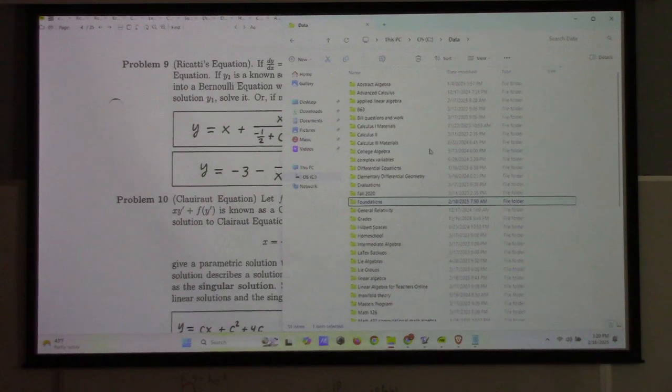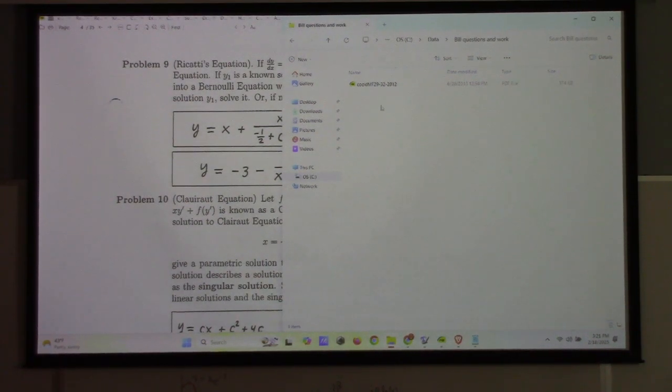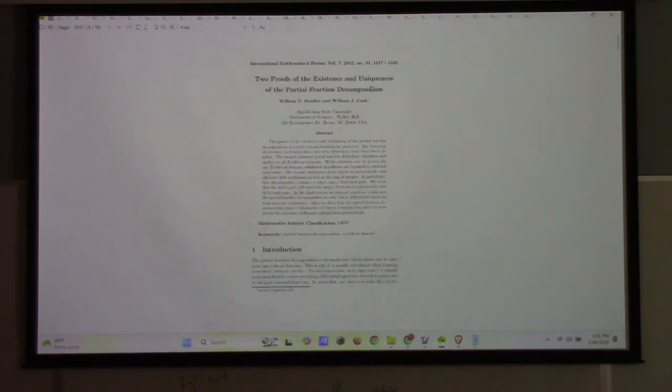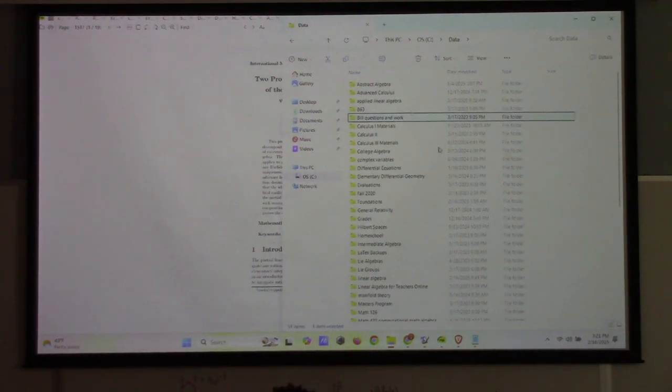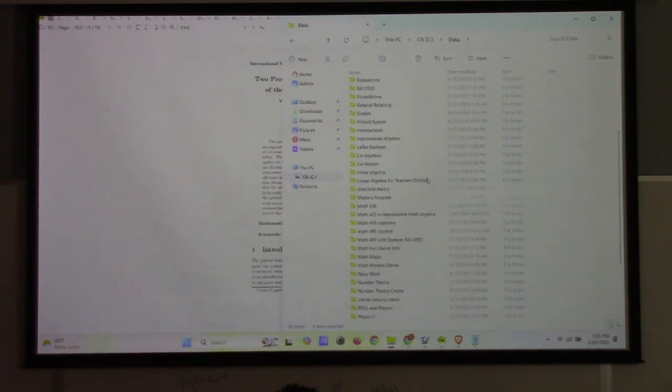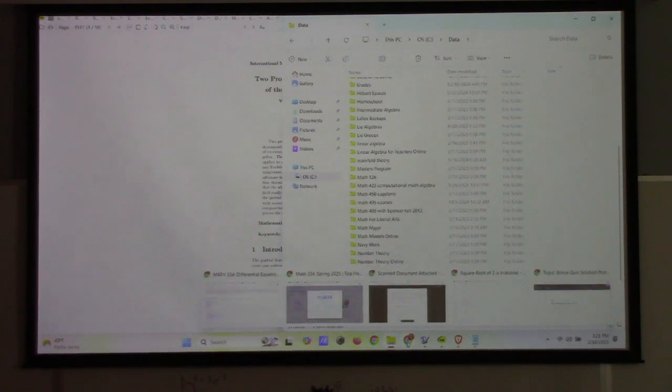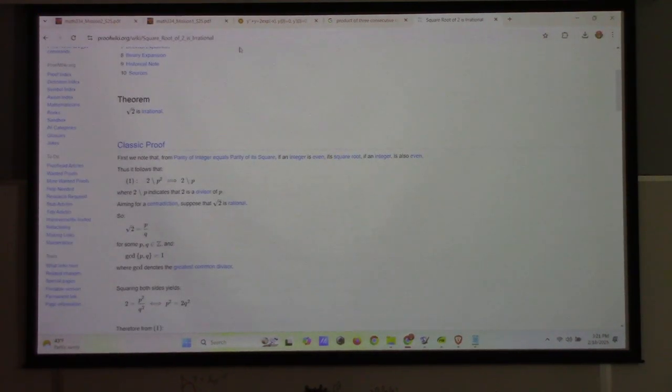See if I can find something. Oh, that's not it. My brother wrote a paper on partial fractions once upon a time. A paper on partial fractions.